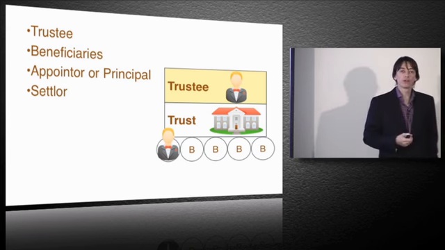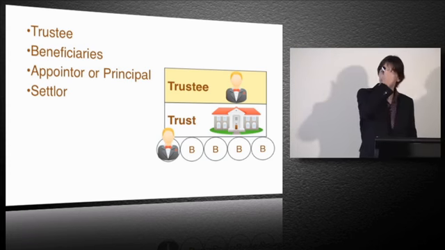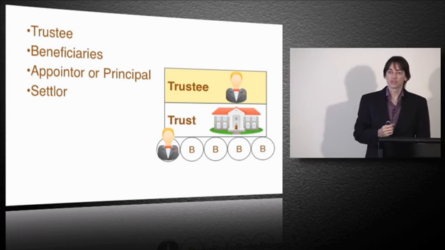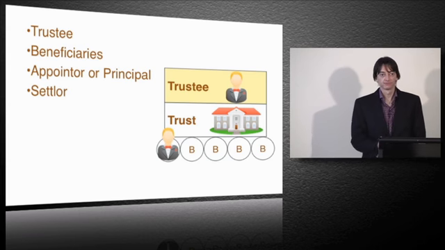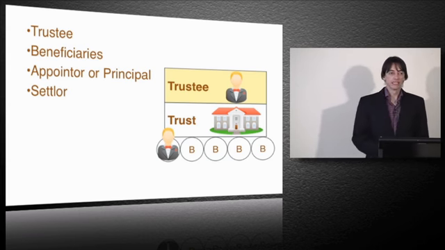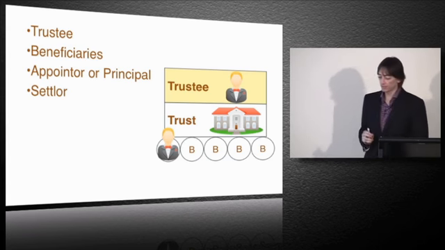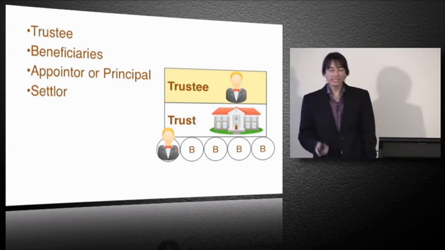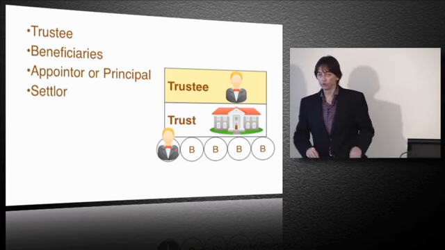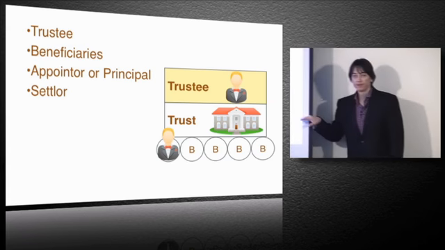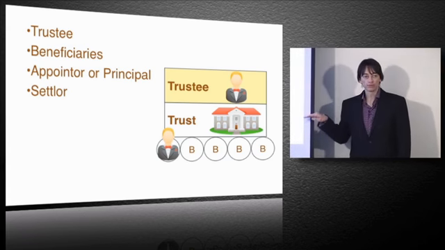Now, in this scenario, who owns the asset? That's right, the trust does. Who controls the asset? The trustee. That's right. This is the key point to get across, because what we're now talking about, in legal terms, down here is called beneficial ownership. That's a legal term. Beneficial ownership.